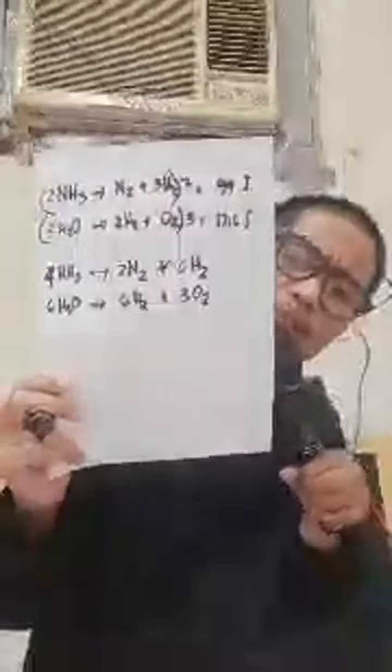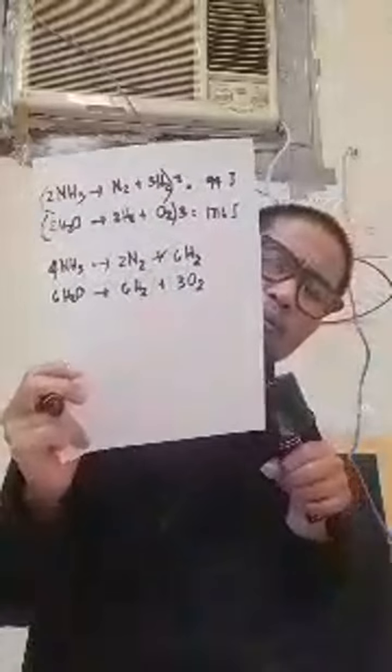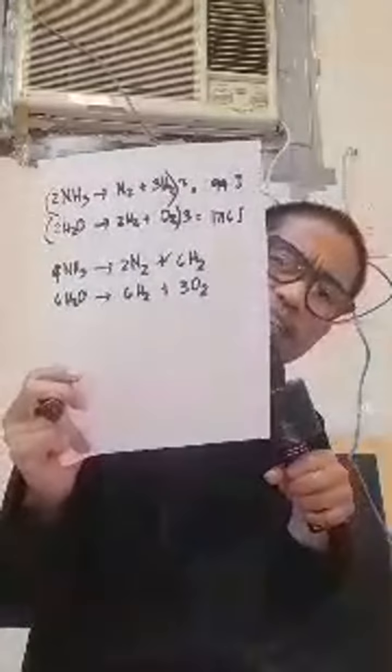And the second reaction also, we have 6 moles of H2O, 6 moles of hydrogen gas, plus 3 moles of oxygen gas. Take note, we have the same quantity, the 6H2 at the top and the 6H2 down below. So you need to reverse the second reaction so that we can cancel this H2. So reverse. Now, apply the addition.